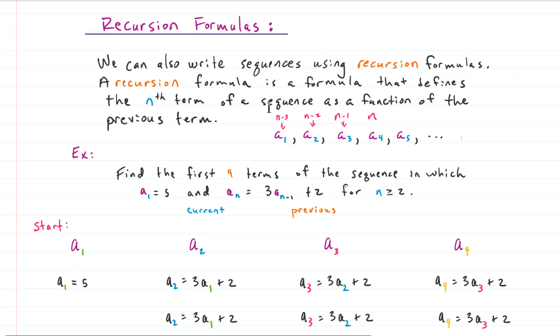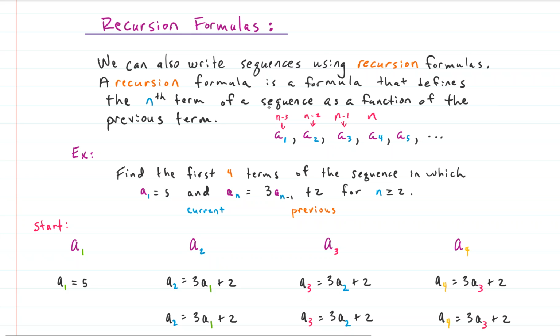That's it. So if I wanted to find the first 4 terms of the sequence, which included a1 equals 5 and the a sub nth term, which is 3 times a sub n minus 1, plus 2, for n greater than or equal to 2. So one thing you need to know is that to write a recursion formula, you need 2 things. You need the first term, and then you need the general formula.